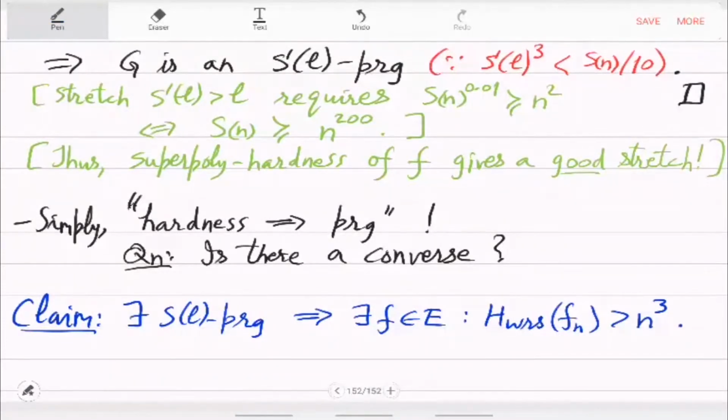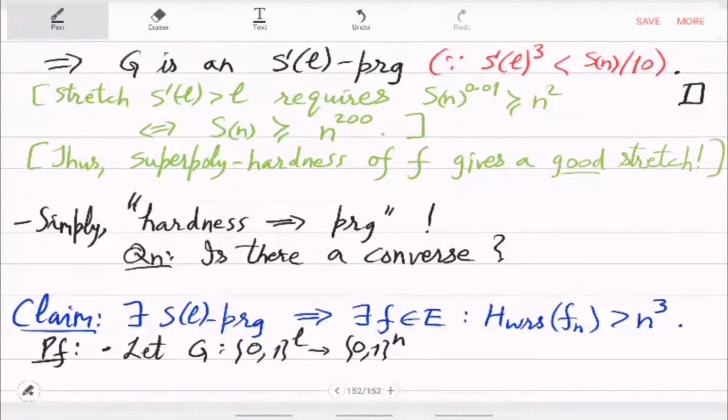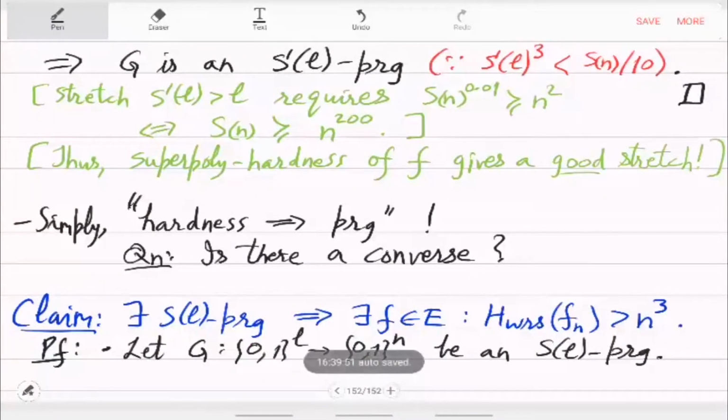This really follows from the definition. So, let G be an S L PRG. So n is S L and that is bigger than L.